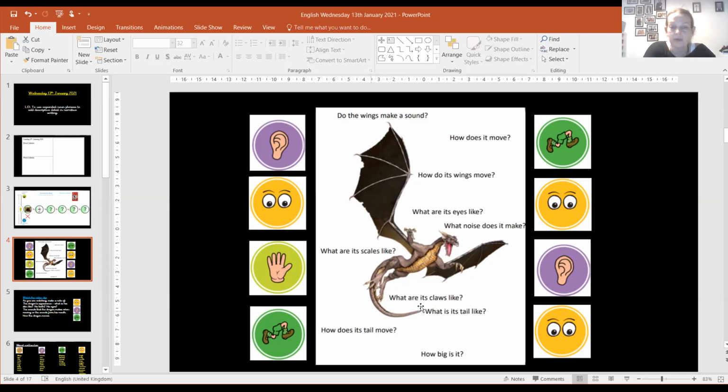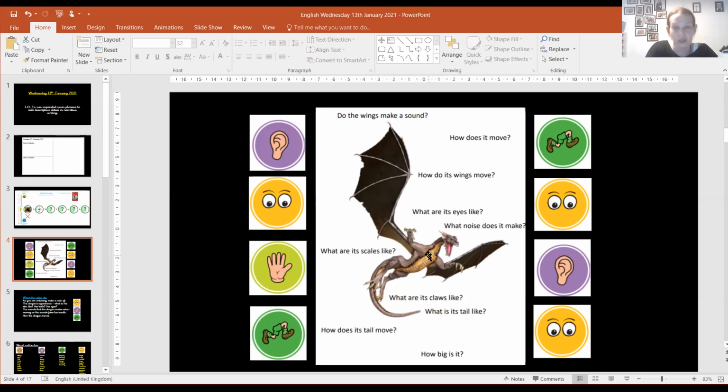How does his tail move? Does it swish? And how big is the dragon? Now, we're looking at quite a scary and exciting part of the story. So we don't want him to be tiny. We probably want him to be fairly big and fairly threatening.